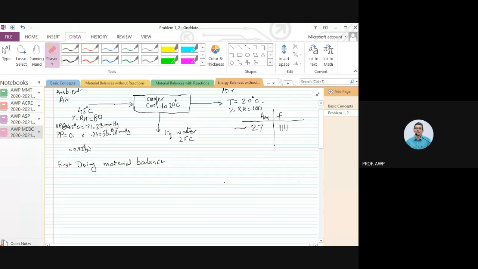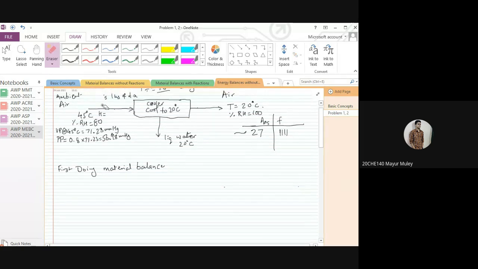So Mayur, can I just suggest something? Yes, sir. Just for your benefit, if I take the basis as 1 kg of dry air, why not we just say I have 1 kg of dry air and write in terms of humidity? Or because Cp is in terms of moles, you want to work in terms of moles? Yes, sir. That's the correct method, but I always work with moles.